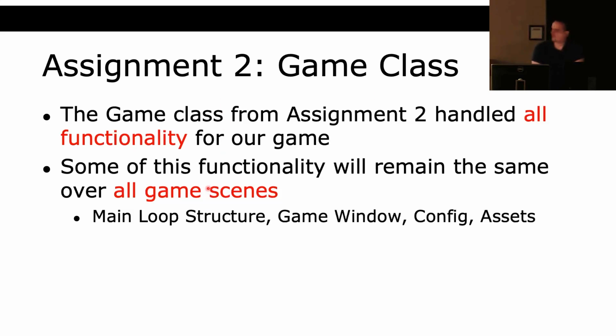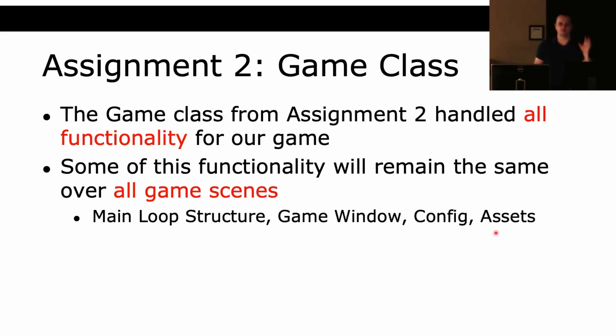Some of the things that are common to all of these scenes are, for example, the main loop structure for our engine. That's going to be the same. We still have a game window, right? All the different scenes are still going to be drawn to that same window. We may still have that same game configuration file that specifies a bunch of different things. We may share assets, like Mario may be running around in this scene and also in that scene.